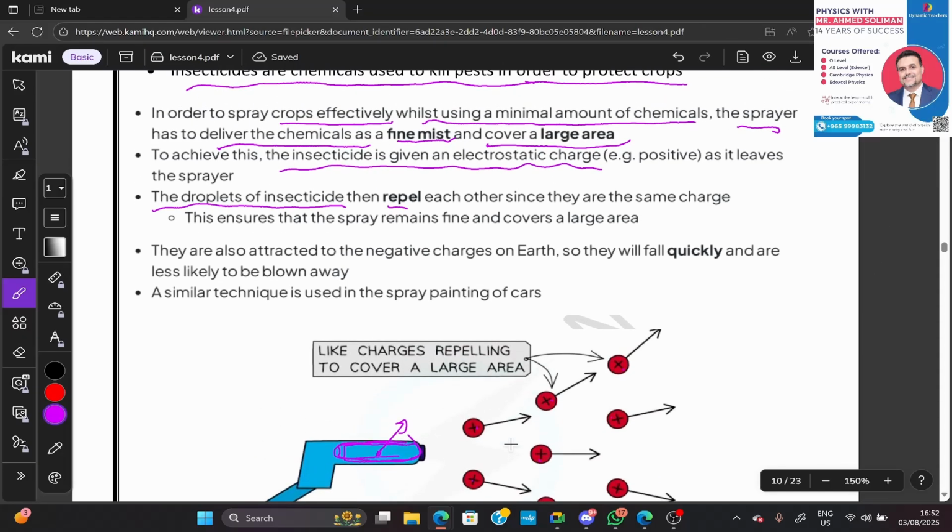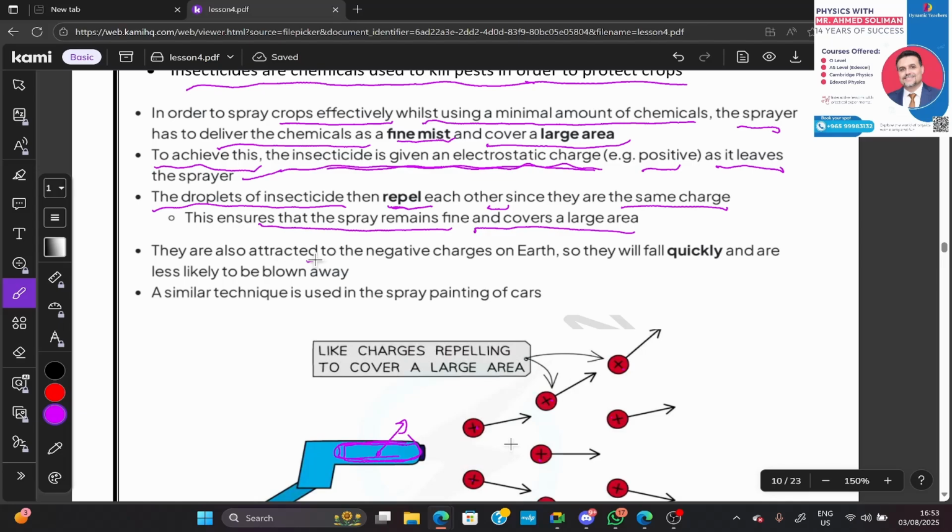So the first step to achieve this, the insecticide is given an electrostatic charge, for example, positive or negative, as it leaves the sprayer. The droplets of insecticide then repel each other since they are the same charge. This ensures that the spray remains fine and covers a large area.